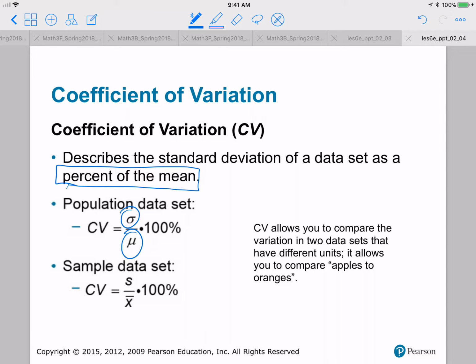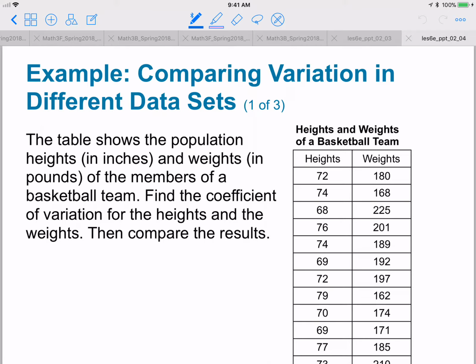Okay, so let's look at this example here. This is our last example. Woo, we made it. We want to compare the heights and the weights of a basketball team. You have a basketball team, and you want to know: is there more variation in the height of the people on the team, or is there more variation in the weight? The weights here are in pounds, and the heights are in inches.